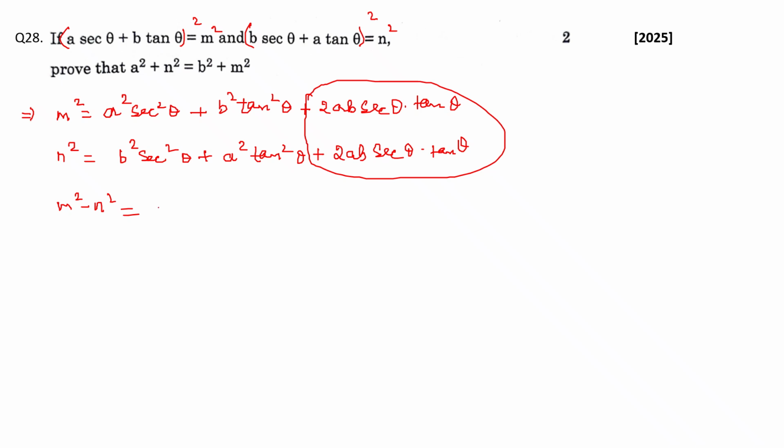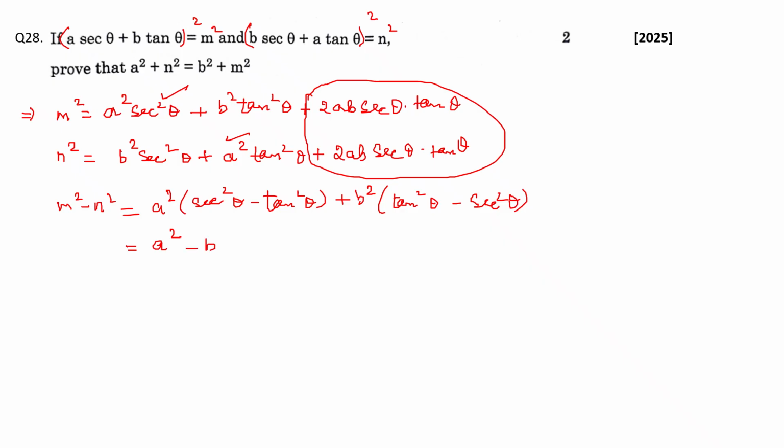So we will be left with A square, taking common, sec square theta minus tan square theta, plus B square, tan square theta minus sec square theta. So sec square theta minus tan square theta is 1 and tan square theta minus sec square theta is minus 1. It will become A square minus B square.